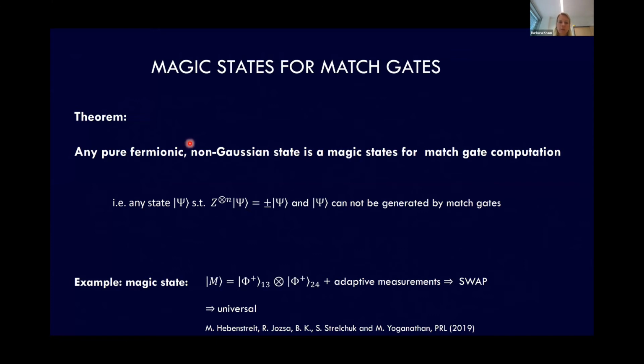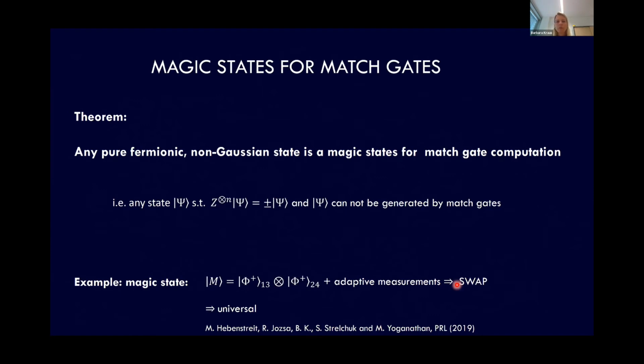What you can show is that indeed, all these states can be used for match-gate computation. A simple example would be this one, which I wrote down here, which is just 2 copies of the maximally entangled phi plus state. If you have this state and you allow for adaptive measurements, then you can realize the swap gate deterministically, and hence you have universal quantum computation.